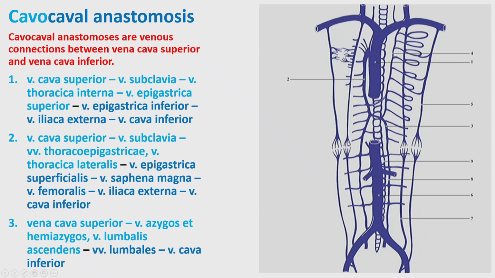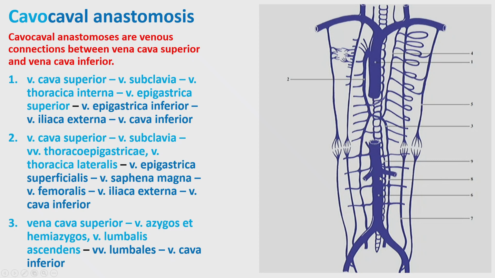So here is this cavo-caval anastomosis, where the inferior epigastric vein is draining to the external iliac vein, and the external iliac vein goes to the common iliac vein and to the inferior vena cava. So here is one of the places of junction: superior epigastric to the superior vena cava, inferior epigastric to the inferior vena cava.